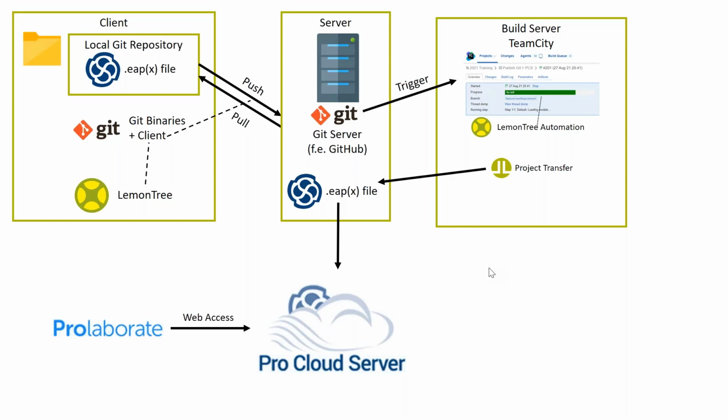And the last component is that we use a build server, a continuous integration solution, to publish the model using database scripts in a console application to the Pro Cloud server. But you can do the same with project transfer that is embedded in Enterprise Architect. This is just a clever way to integrate it in a continuous integration, or DevOps, as the new name is now, environment, to be able to publish the model on the Pro Cloud server.